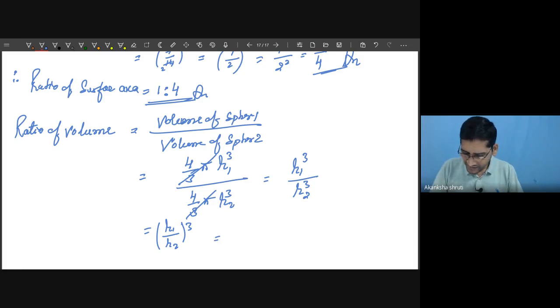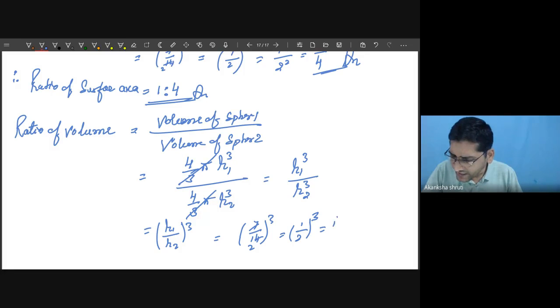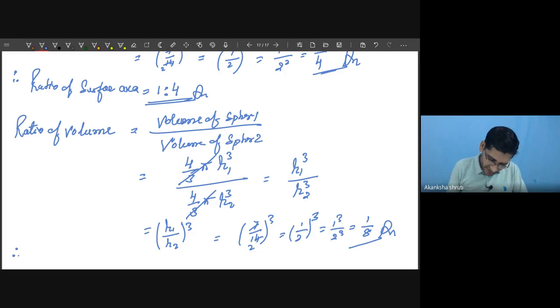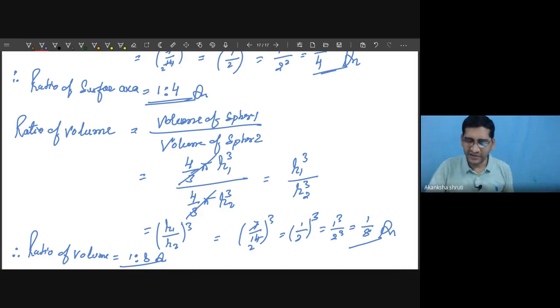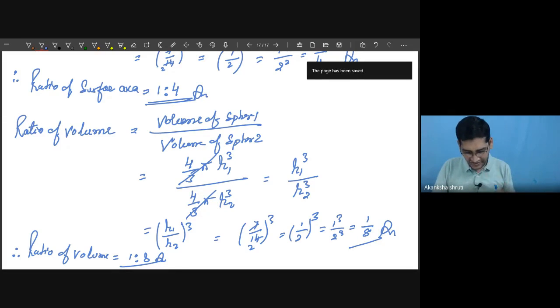Here it is 7 by 14 their cube, which can be cancelled, so it is 1 by 2 their cube. The cube applies to numerator as well as denominator, so it is 1 by 8. Therefore the ratio of volume is 1:8. This is how you can calculate. Questions are very easy, you just have to understand.